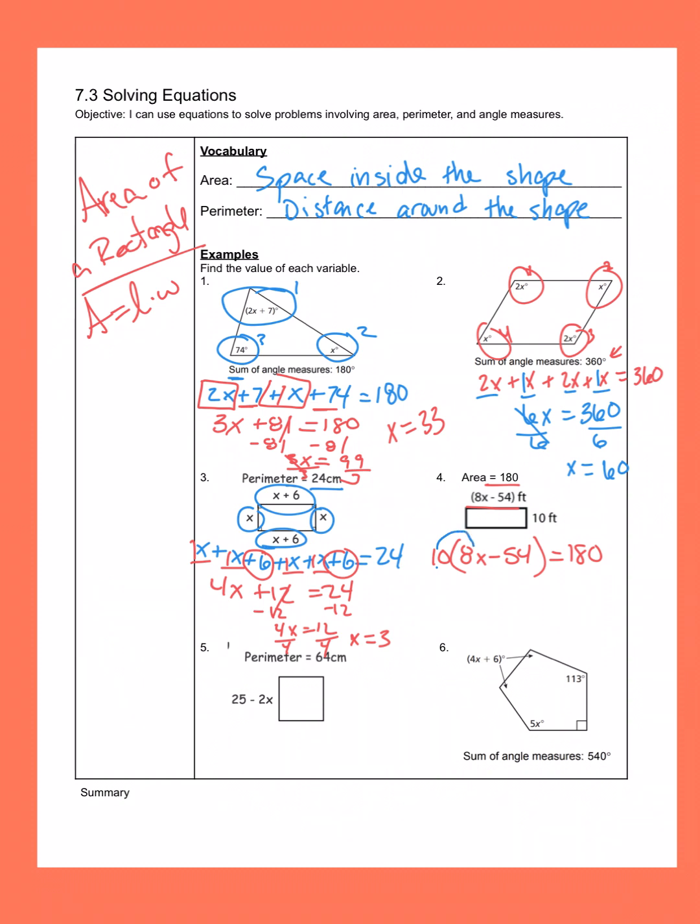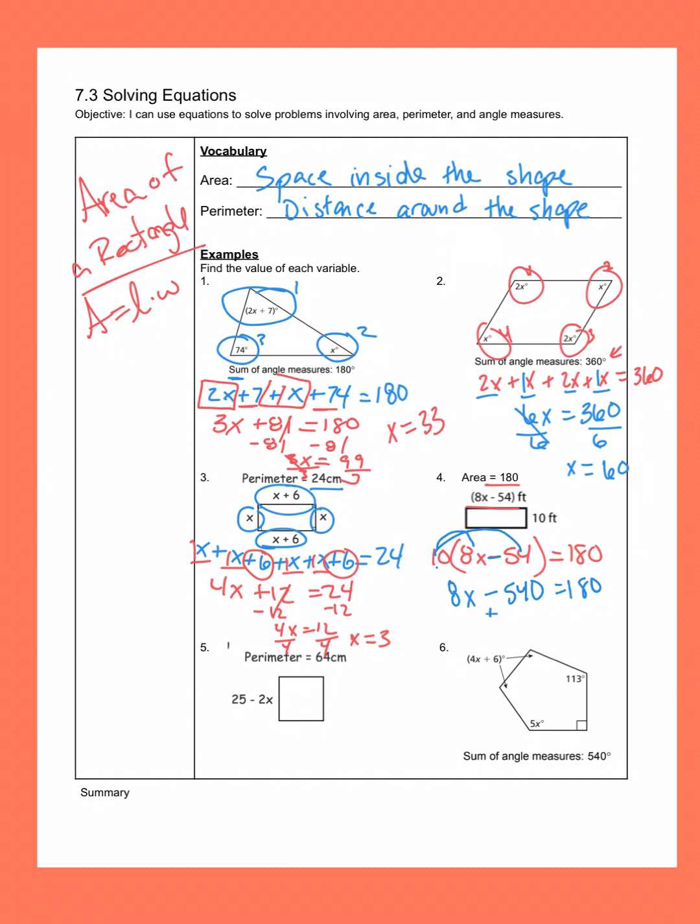10 times 8x is 80x. And then we're going to do 10 times a negative 54 is a negative 540. And then we're going to drop down our equal to 180. And now I'm going to start solving.